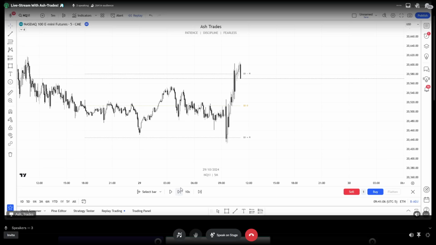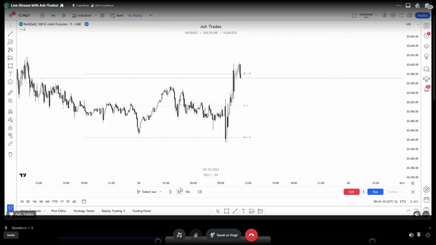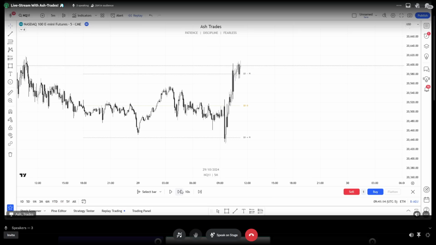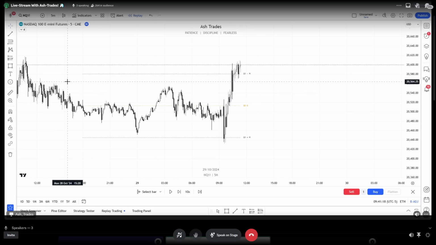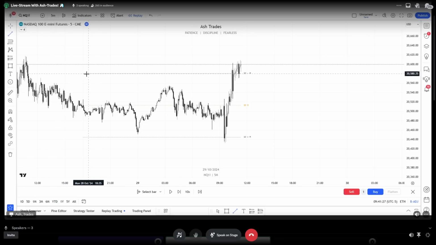Notice how there's still no change in the state of delivery. Now we're beginning to accept above the range, right? I know everybody's going to laugh at me because this community is probably majority ICT traders, but support and resistance, right?